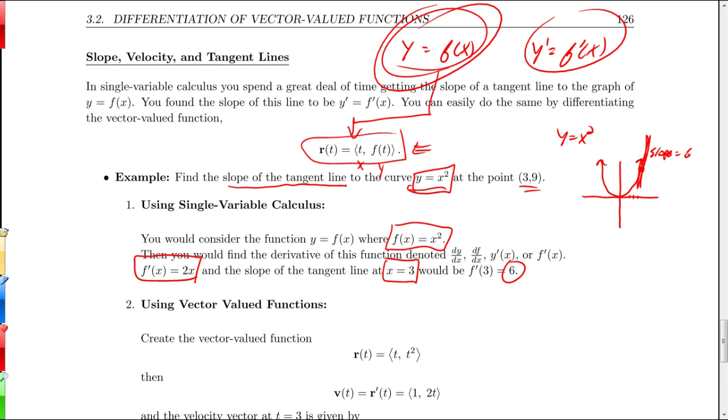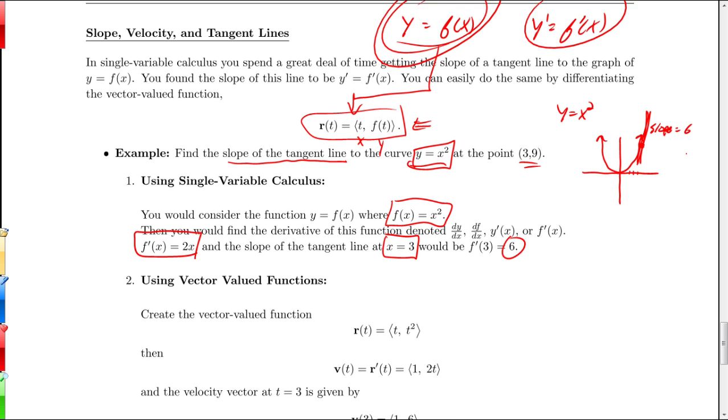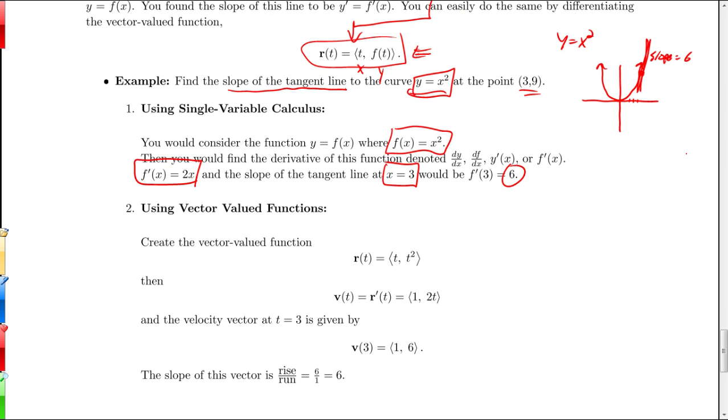Slope equals 6. How do we regain that in terms of a vector-valued function? Well, the first thing we'll do is recreate that function as a vector-valued function. So there's x, there's y, and notice in this case, y equals x squared, just like it did up here.